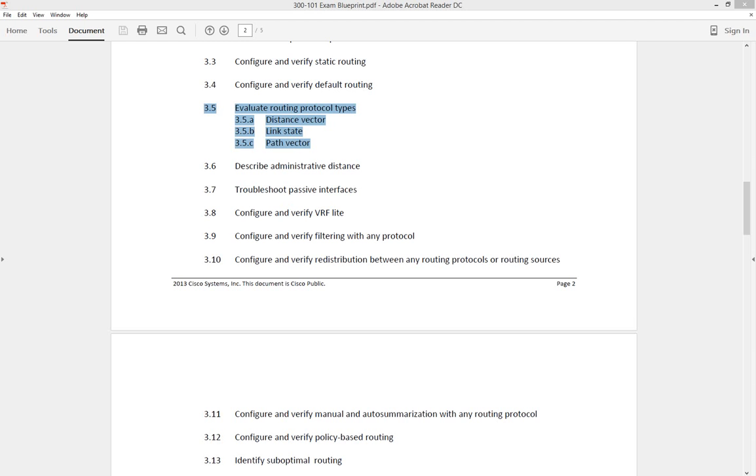But within BGP, you can get down to the nitty-gritty in path selection. For instance, you can set the local preference to a value other than 100, which is the default. You could change that so one link is higher than the other, so you would prefer the higher local preference link, and that would be where you would forward traffic out.